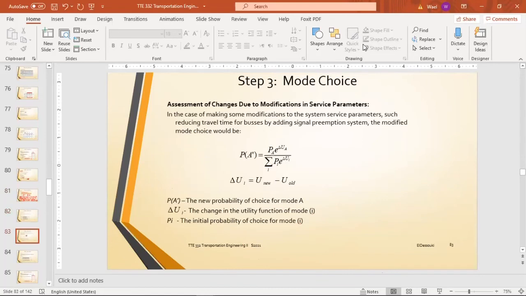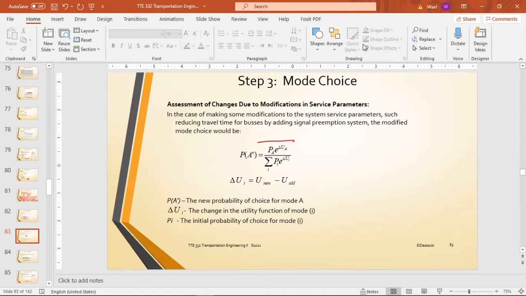So how can we, so this here, the probability of using alternative A dash, that's after the changes or modifications, will be the probability of A multiplied by delta UA over a probability of I multiplied by this.